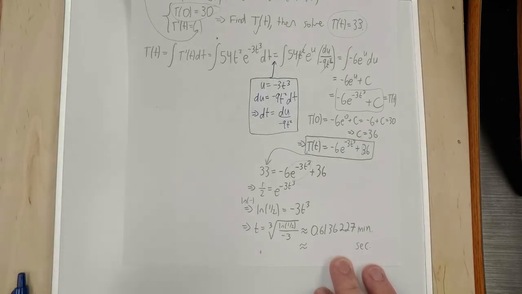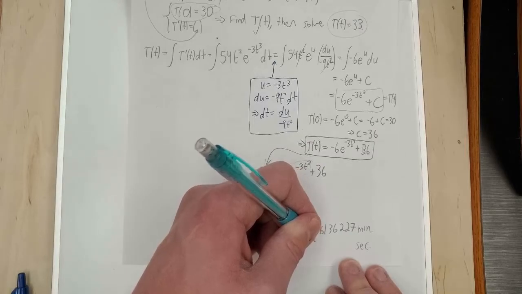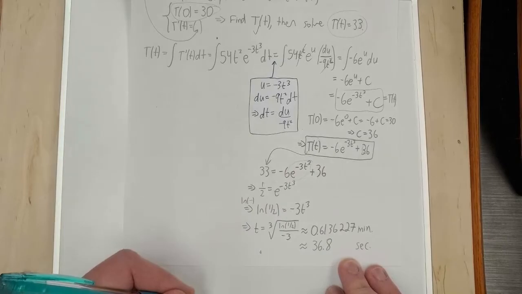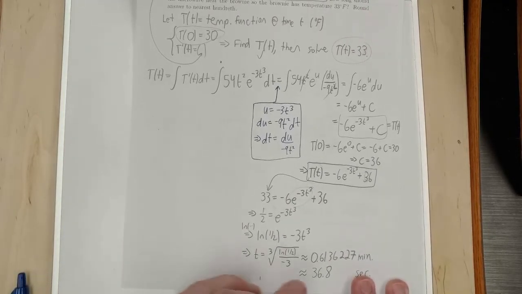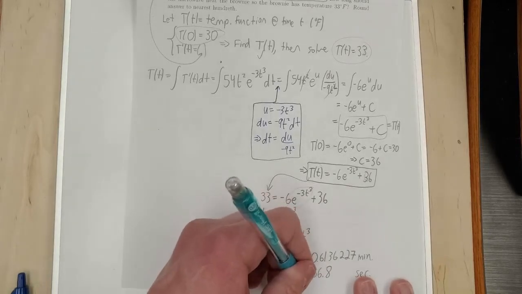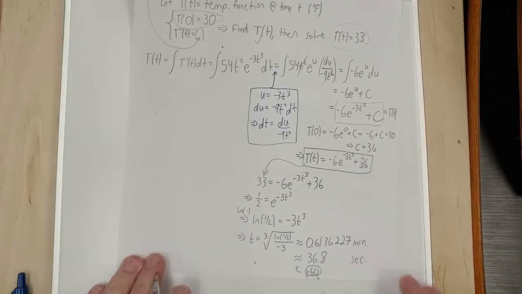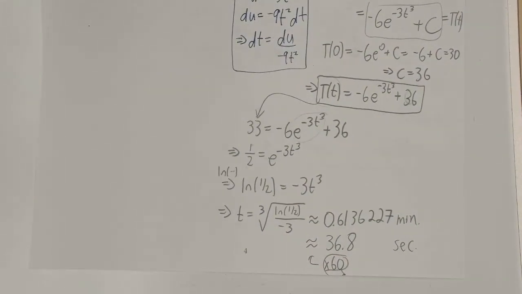Multiply by 60, right. If you do that, you end up with approximately 36.8. I know the problem said round to the nearest hundredth, but that's the basic idea. Just multiply by 60 and that gives you the corresponding answer in seconds, about 36.8.